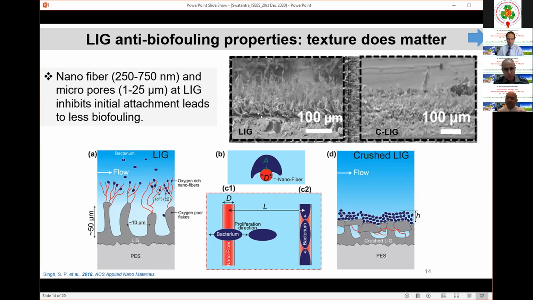With surface modification, we have slightly compromised the texture, so we have seen more biofouling formation as compared to the normal LIG, but it was comparatively lower than the commercial membrane.